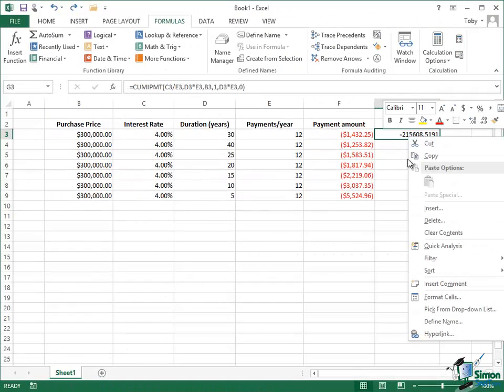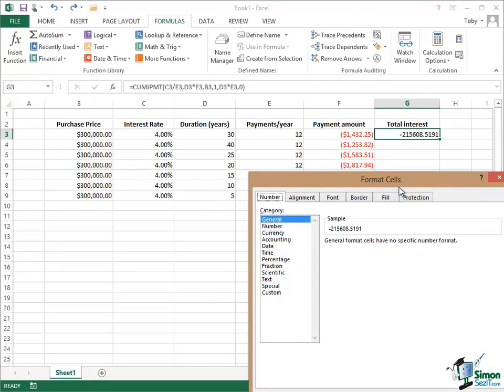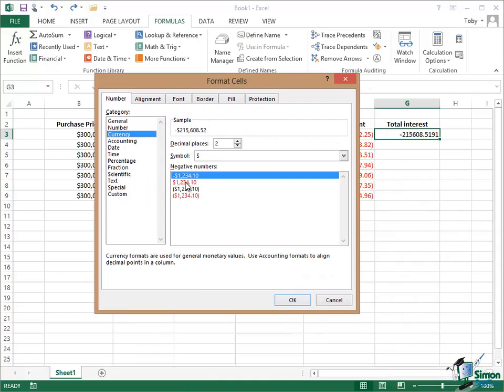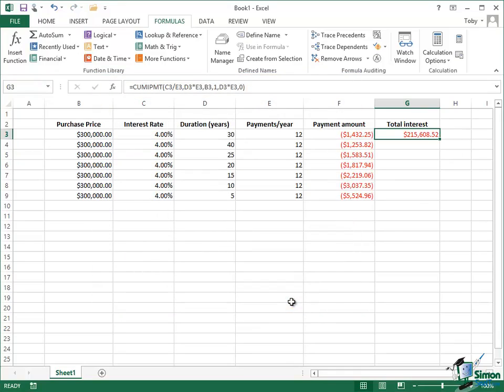So let me just format that as currency. And in this case I'm going to use red for the payments, 2 decimal places, and then finally with this I'm now going to fill that down to compare the total interest paid with all of those other durations.